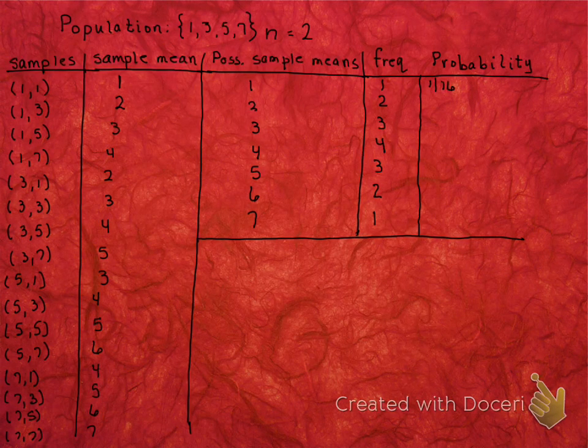So 1 divided by 16, and then you get your probability values here. Then 2 divided by 16. I'm just going to write these down here because you will have to complete a whole entire table. And then 0.25.